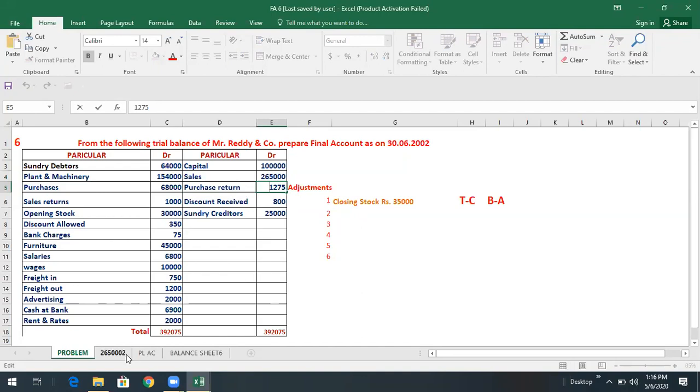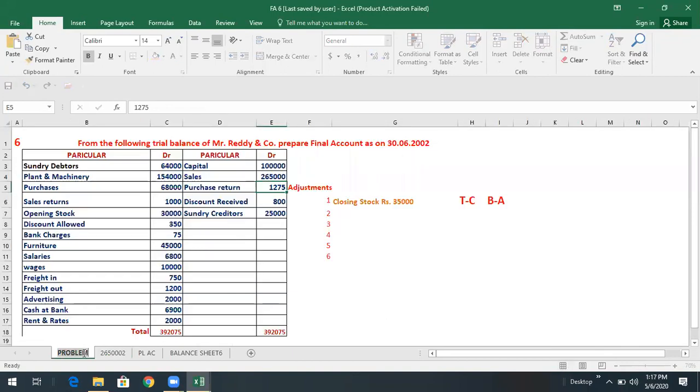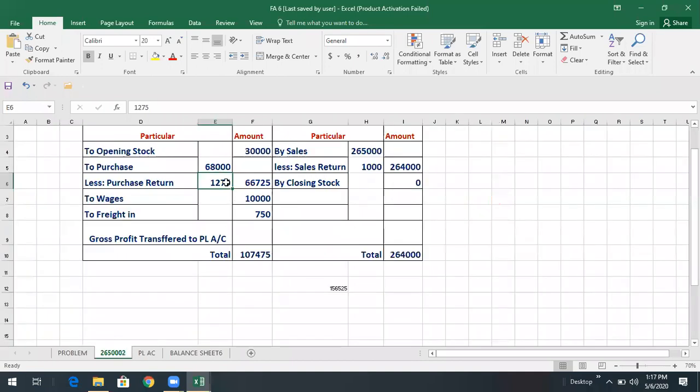Your purchase return, trading account, there is a purchase return. I entered 1275 rupees in a trading account. That is the value of purchase return.